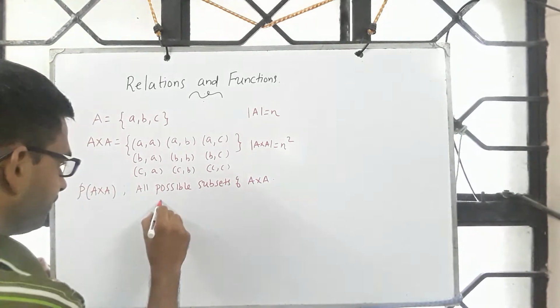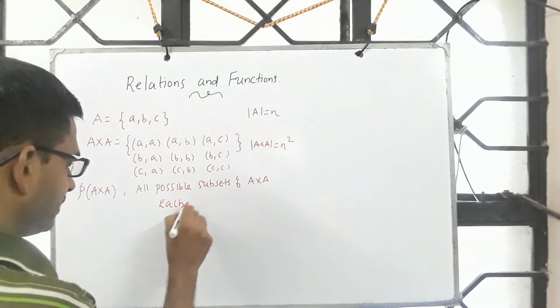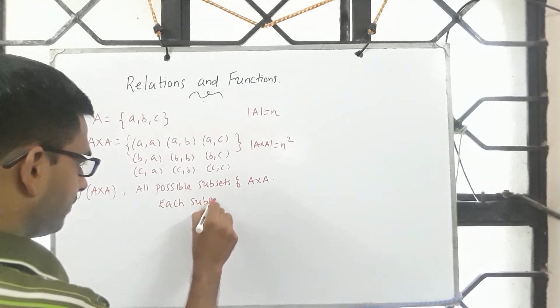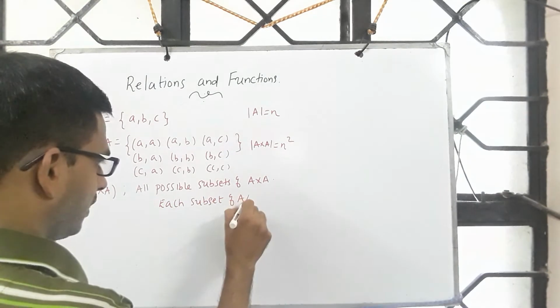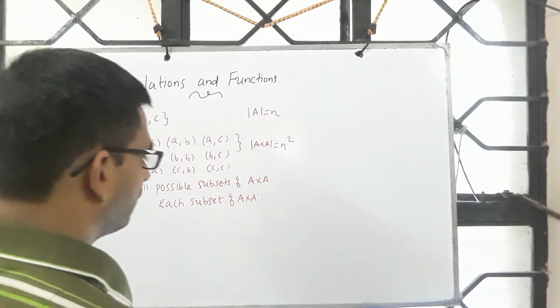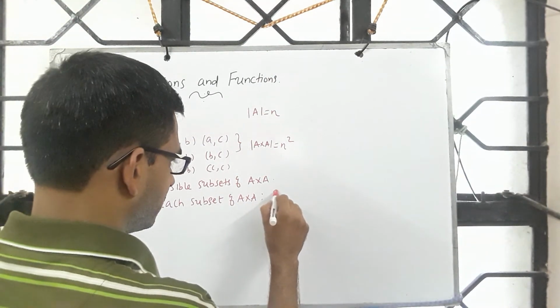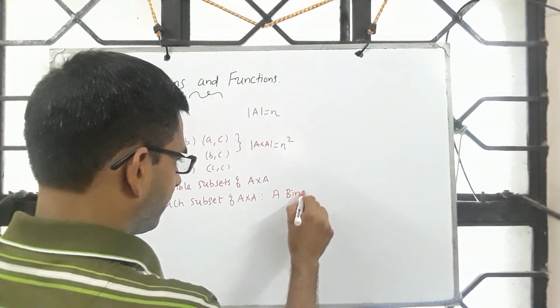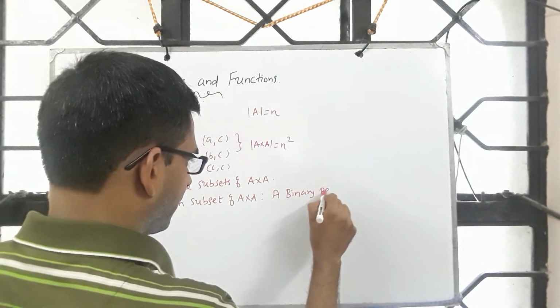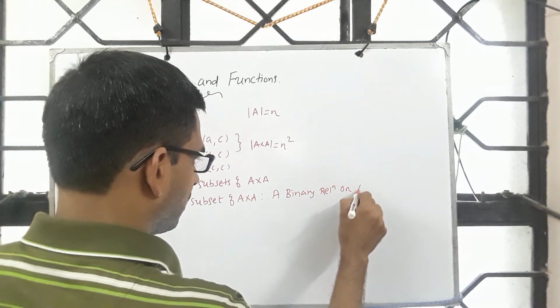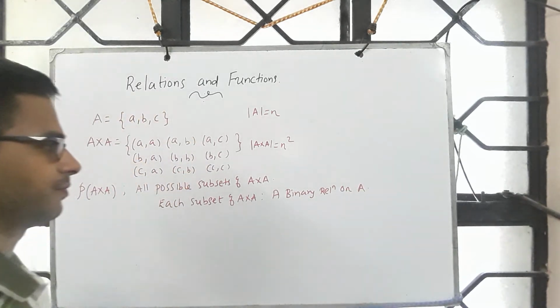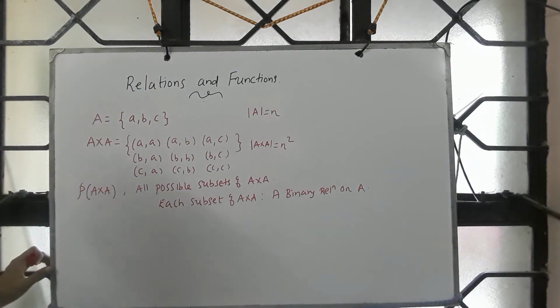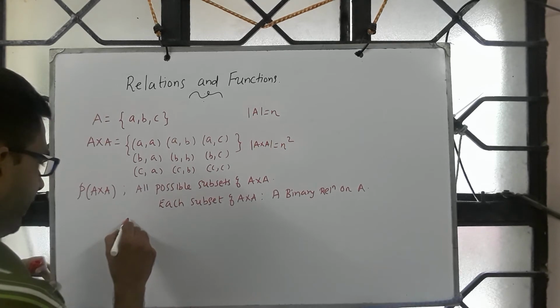Interestingly, each subset of A cross A, what is it? That is a binary relation on A. Then we asked how many different binary relations are there?